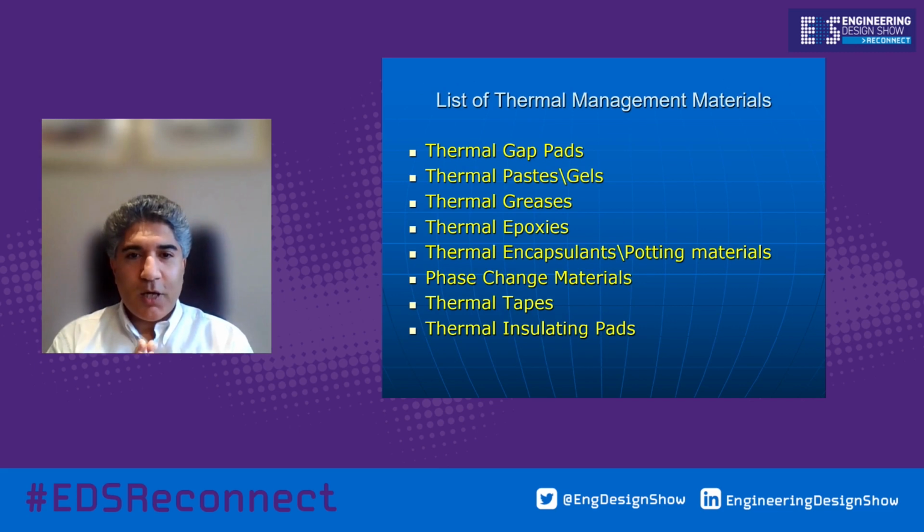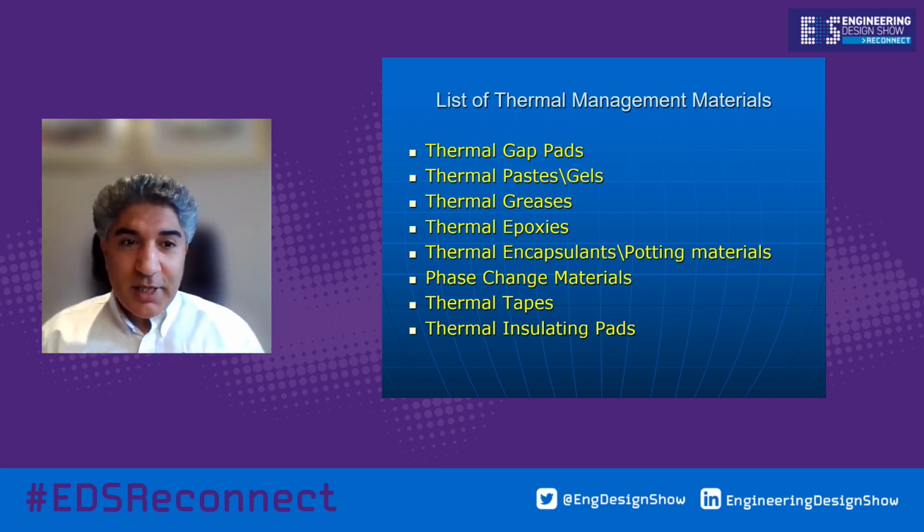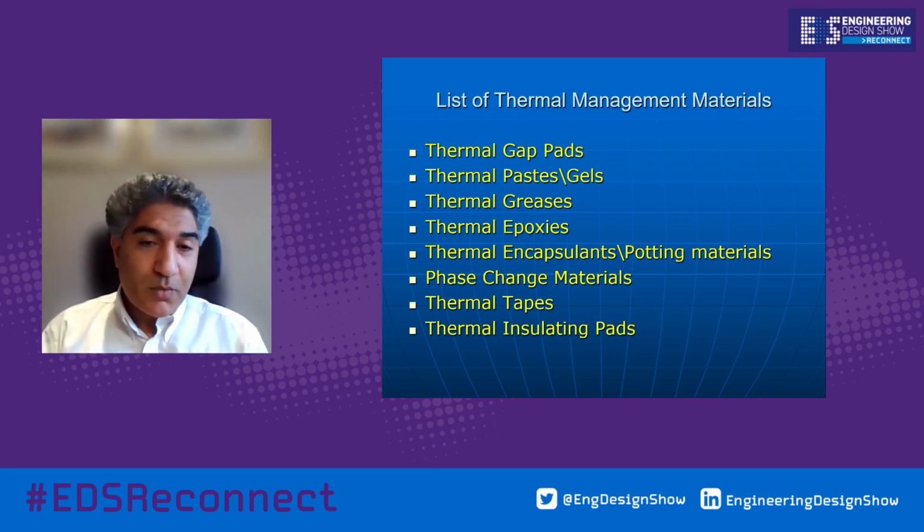Okay, there's a huge range of materials out there that could offer heat dissipation properties, which HITEK can help with. The thermal gap pads and thermal paste, thermal grease, this presentation will cover. Thermal epoxies tend to offer lower thermal conductivity, but a structural bond, as in not removable.